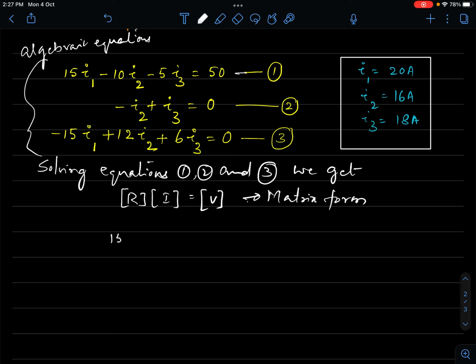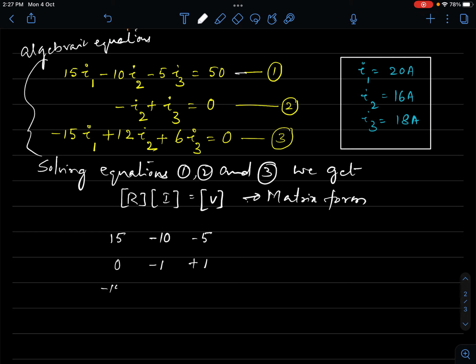How do we write that? This is 15 minus 10, the element of I3. The coefficients of I1, I2, I3 along with their signs are taken as the first row from first equation. Second equation, there is no term of I1, that will be 0. The second term, I2 has got a coefficient of minus 1. I3 has got a coefficient of plus 1.